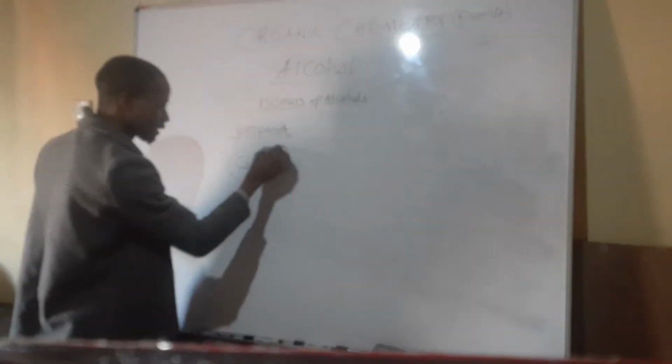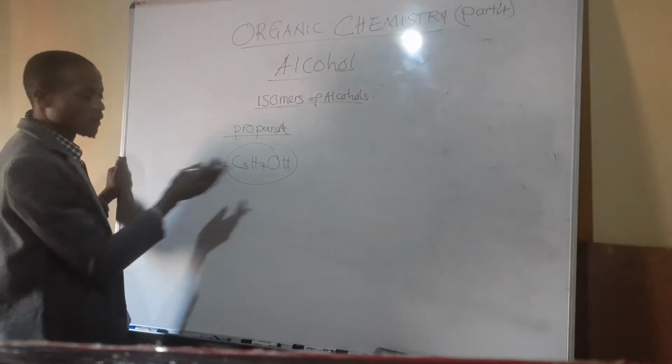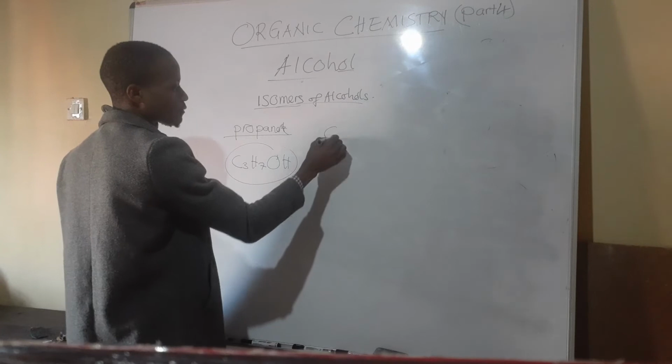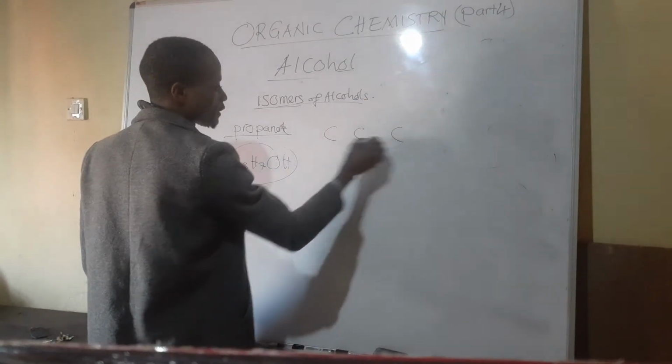So to draw the structure formula of propanol, we want to know which one is the isomers of propanol. The 3 carbons, so 3 carbons, 1, 2, 3.